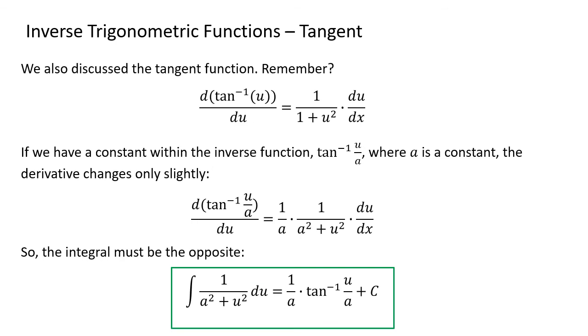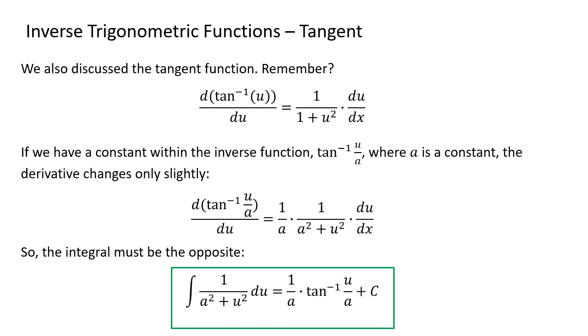The same thing applies for the tangent function. Remember, the derivative of tan inverse of a function u was 1 over 1 plus u squared, no square root sign, times du by dx if that function u is not just x.